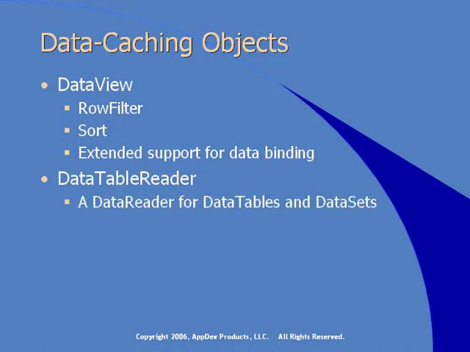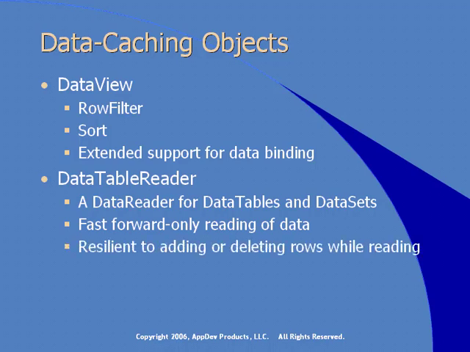So this is like a data reader for data tables and data sets, and it gives you that fast, forward-only way of reading the data, and it's also very resilient to adding or deleting rows while you're reading, more so than if you were just using for each to cycle through the rows in a data table.